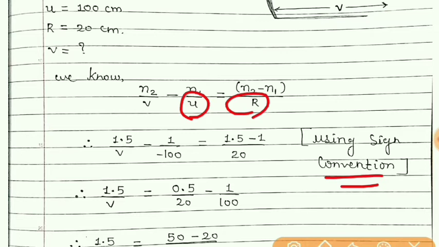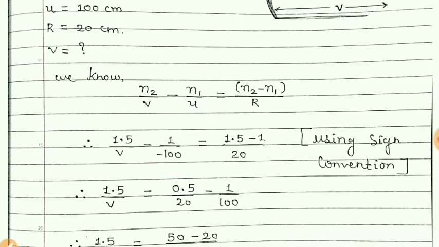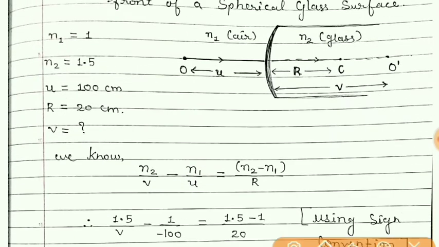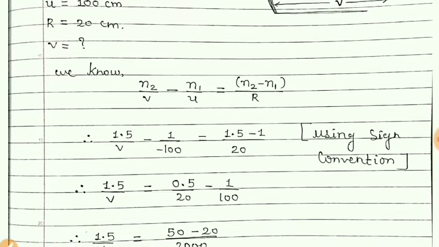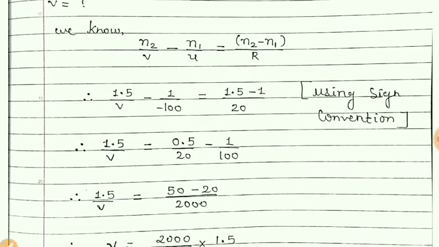u is given as 100 centimeter, but it is on the left side, so when we put the value we have to take it negative, and the radius of curvature is towards the right side, so that distance is positive. So using the sign convention, we have put in all the given values.